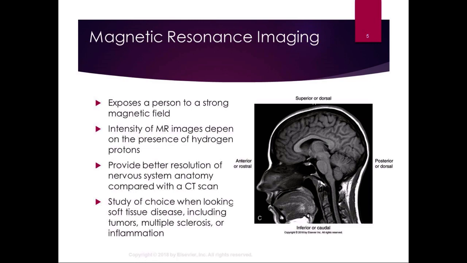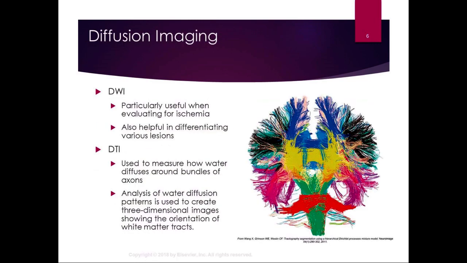Love imaging. Diffusion imaging is a form of MRI where they're using different kinds of applications to evaluate different areas. So the DWI is diffusion weighted imaging, and DTI is diffusion tensor imaging.